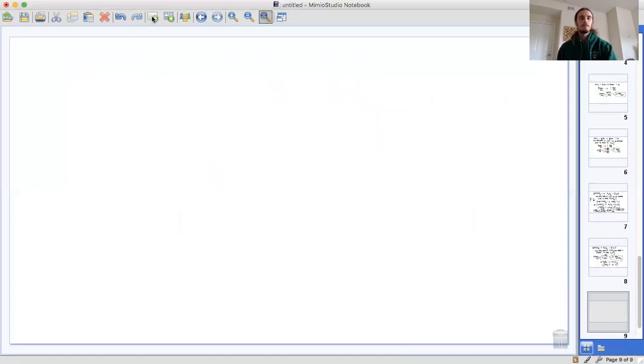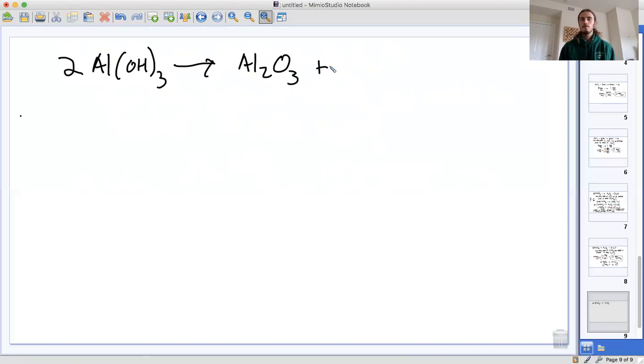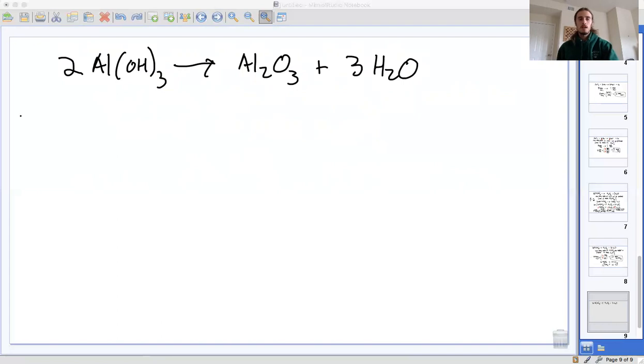All right. Number 5. Same equation still. Same equation. But now the question is, how many moles of aluminum oxide must have been produced if 9 moles of water were produced?